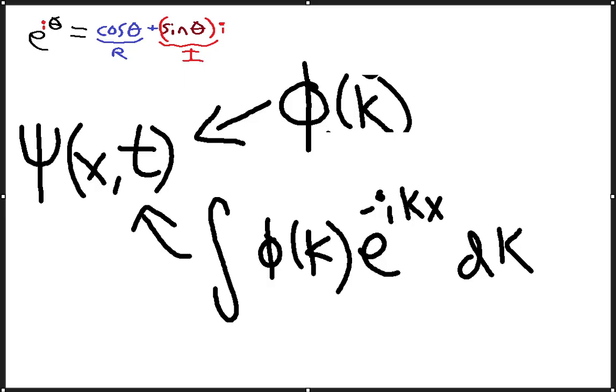As you can see, this includes the psi, the integral bit, and it includes the imaginary number bit. And this is what enables us to convert the momentum into position and time.